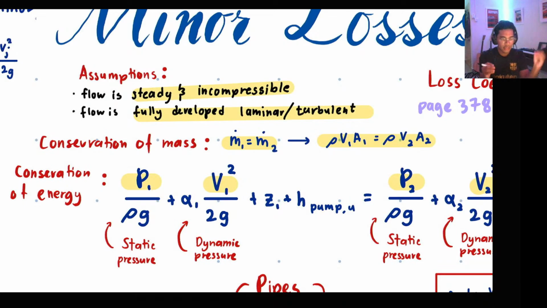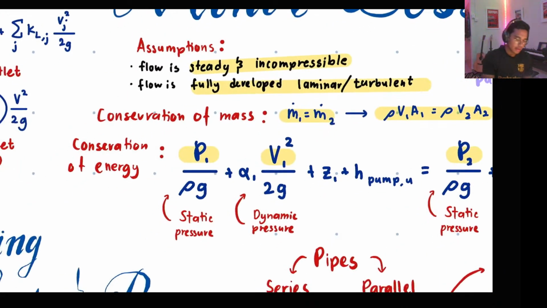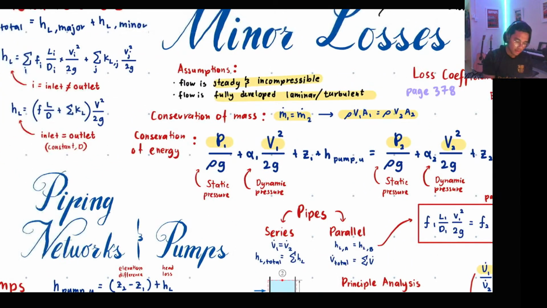The mass flow rate into a pipe is equal to the mass flow rate exiting the pipe. So there is also density times V1 A1 equals density times V2 A2. Density is the same, so it's just V1 A1 equals V2 A2. Okay, that's easy. So that's the conservation of mass.